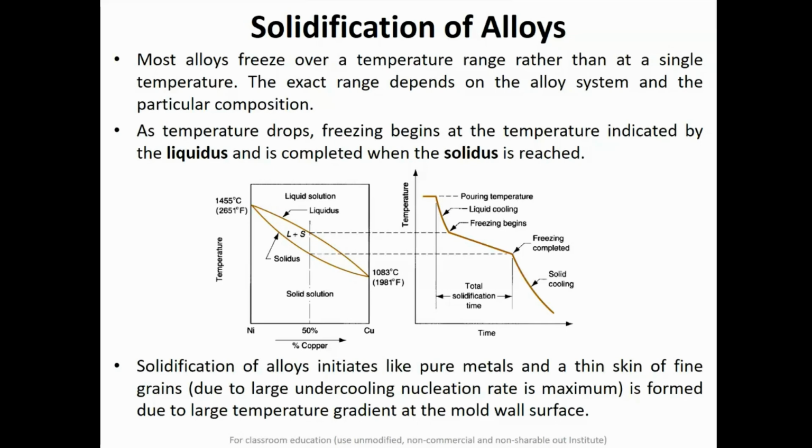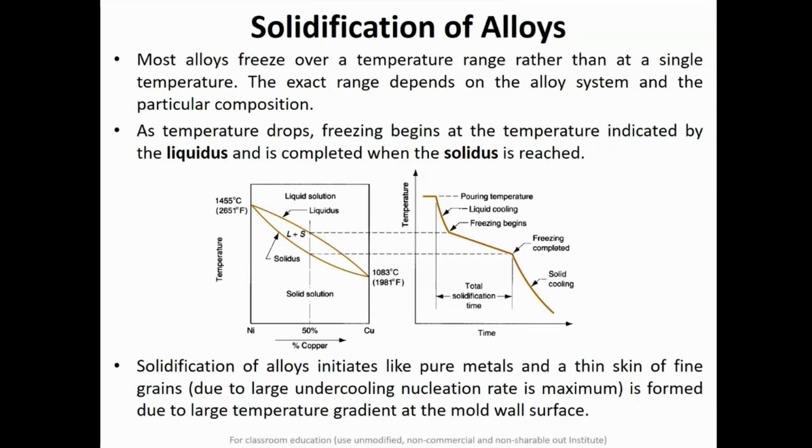The solidification of an alloy initiates like a pure metal initially, and there is a formation of a thin skin on the mold wall surface, which consists of fine grains. This happens because the liquid metal faces a large undercooling, and at this point the nucleation rate is maximum.